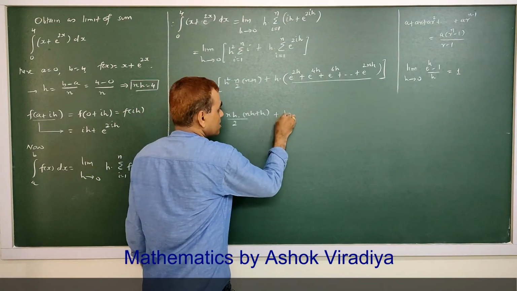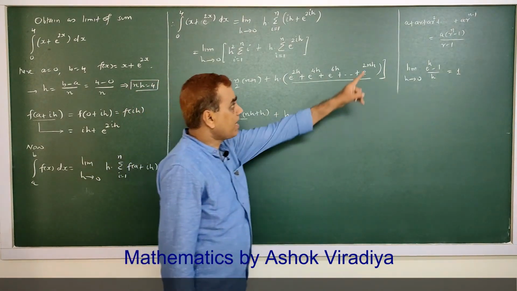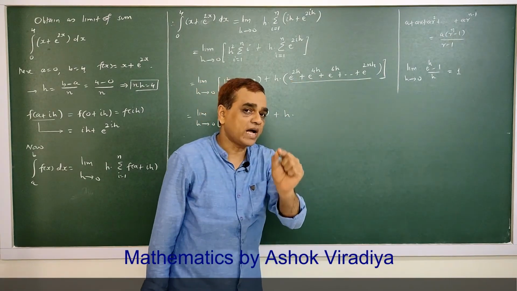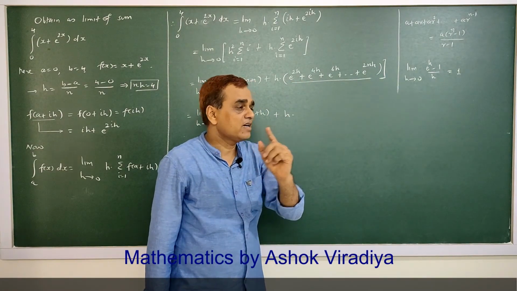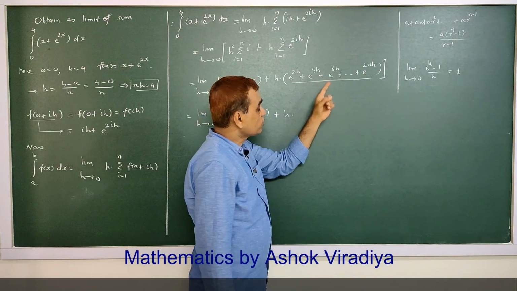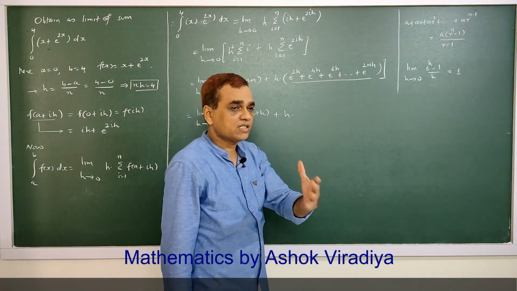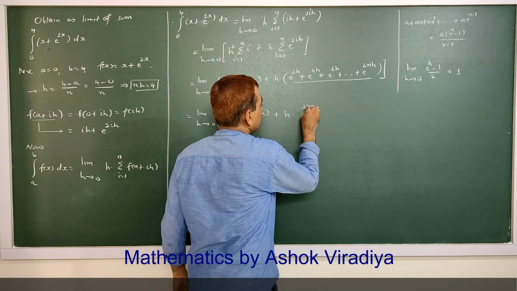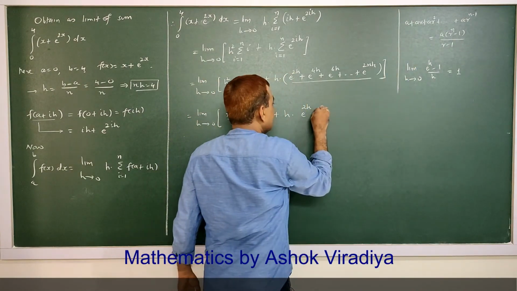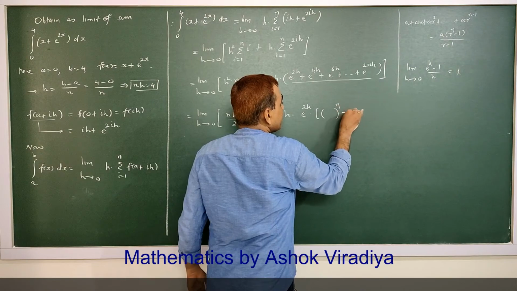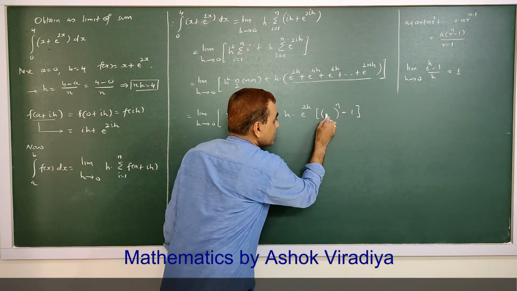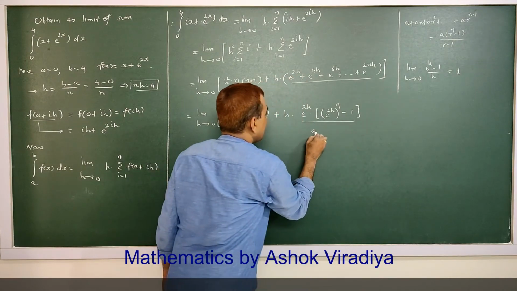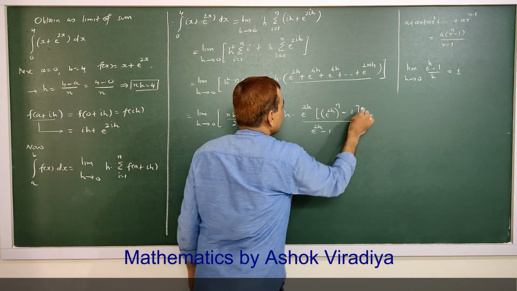Plus h into, now applying this formula, the first term is e raised to 2h and the common ratio is also e raised to 2h, so putting in the formula, e raised to 2h, that is the value of a, into r raised to n minus 1, r is also e raised to 2h, upon r minus 1.